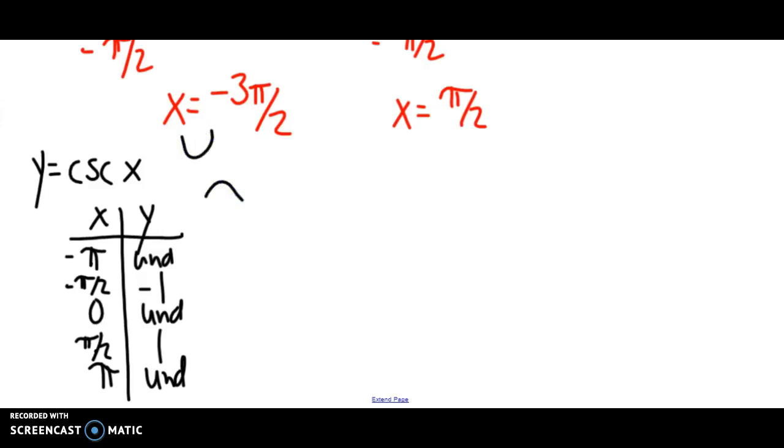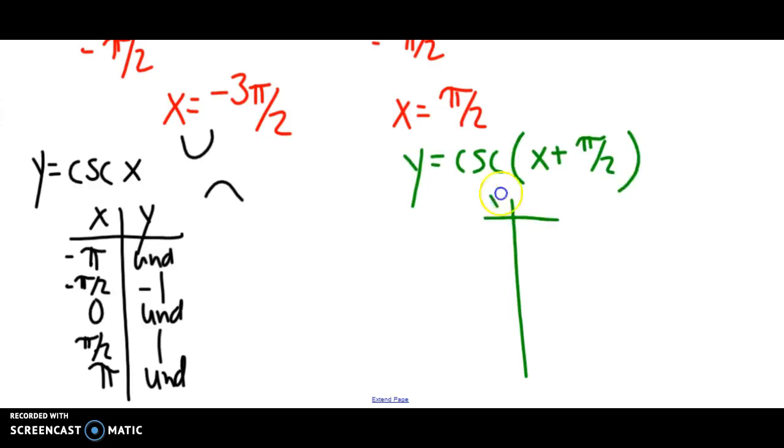So now let's look at the table of our graph. So x plus pi over 2. We said my vertical asymptotes are at negative 3 pi over 2 all the way to pi over 2. Halfway in between there is going to be negative pi over 2.